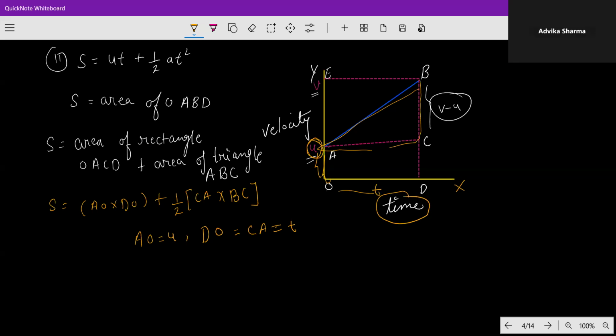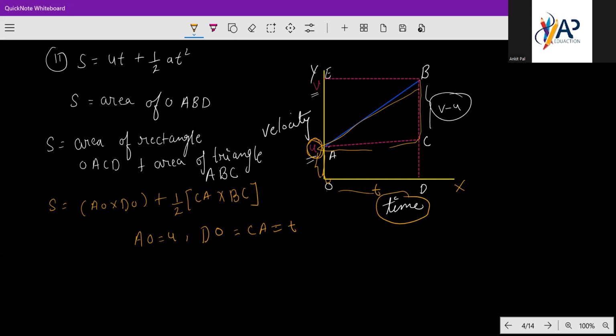Then where did the square come from? Just wait.